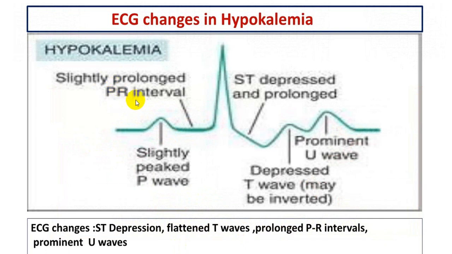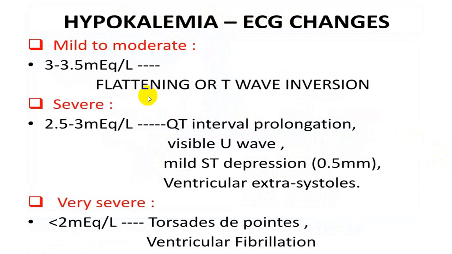So slight PR interval prolongation, a little peaked P wave, ST depression, and the T wave depressed or may even get inverted, and you will have a prominent U wave. And when a T wave is present with a U wave, it is a two peak. So flattening of the T wave and T wave inversion is the early sign. Then QT interval prolongation, U wave appearance, ST depression.